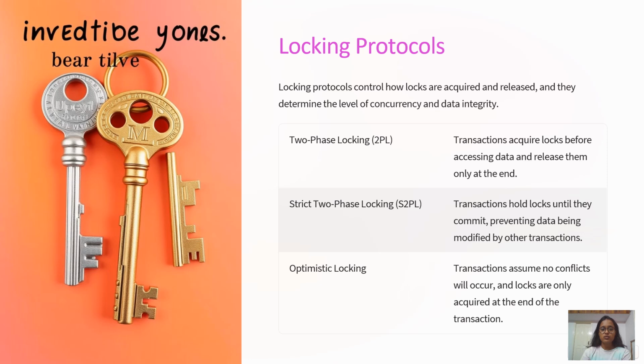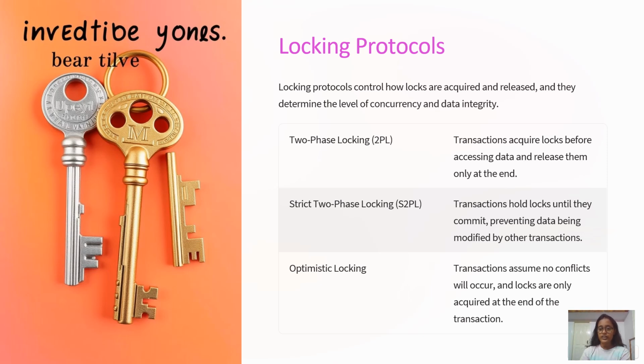So now let us see what are locking protocols. Locking protocols are the techniques used in databases to prevent multiple transactions from accessing the same data simultaneously, which could lead to conflict and data inconsistency. The locks can be exclusive or shared. Also, there is two-phase locking.